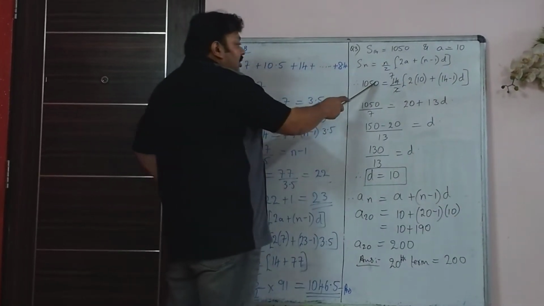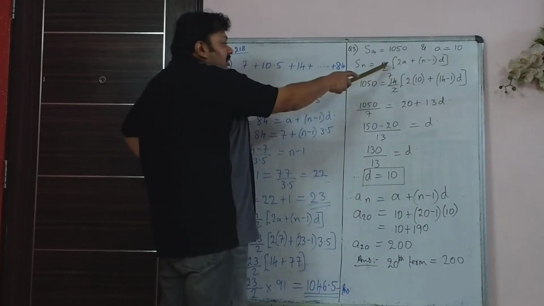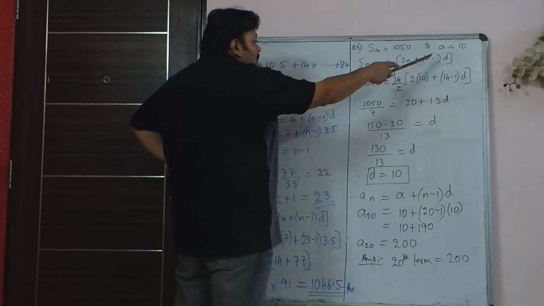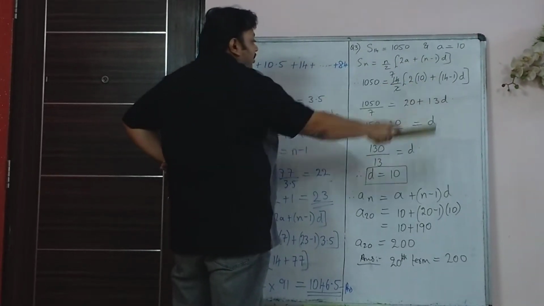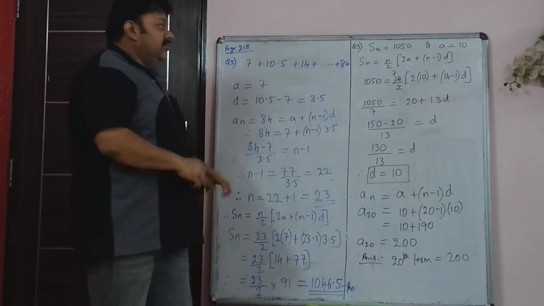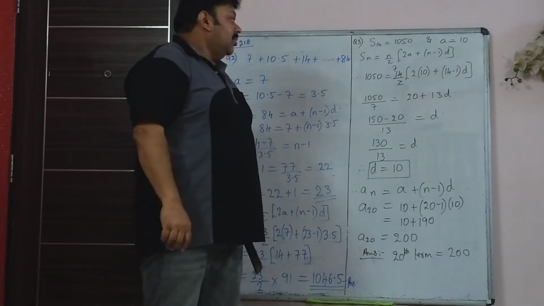So the sum of 14 terms is 1050. This is n by 2, so 14 by 2, into 2 into 10, plus n minus 1, n is 14, so 14 minus 1, into D. You don't know the common difference.